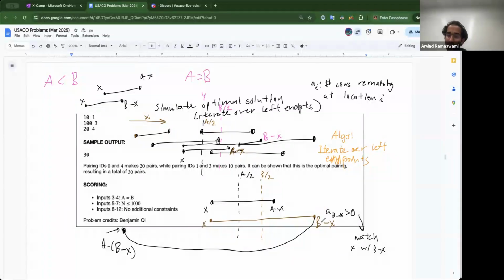And since we're never going to touch b minus x again in the future, first match x's with b minus x's. And then when you no longer can do that, after you keep matching by subtracting the min of the number of cows here and the number of cows here, then you should match x's with a minus x's. So this idea of considering the optimal solution and simulating it from left to right motivates this kind of algorithm.